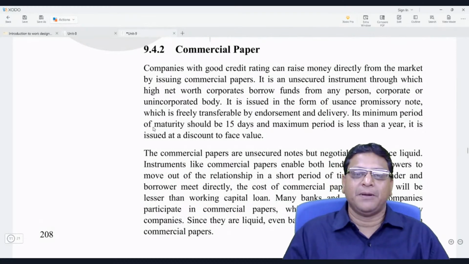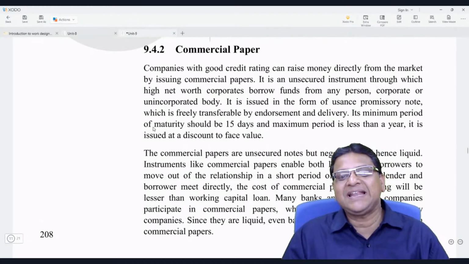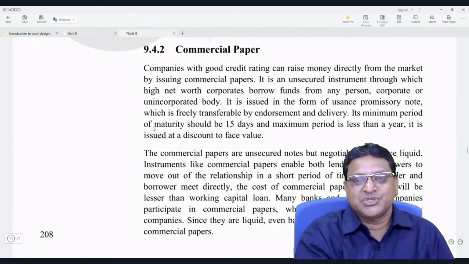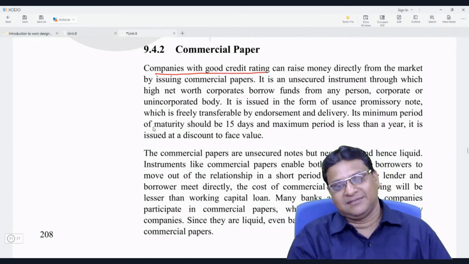Next, we are discussing the next source of short-term finance, that is known as commercial paper. What is commercial paper? Generally, high-rated companies, if they want money for 2 months, 3 months, 5 months, what will they do? They will issue commercial papers in the market. So commercial papers are issued by companies having a good credit rating.